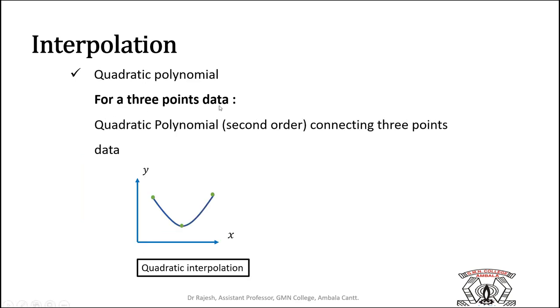If there are 3 points of data, the 3 points could be connected through a non-linear curve, and that non-linear curve will be a quadratic polynomial. So we can fit a quadratic polynomial to the 3-point data.